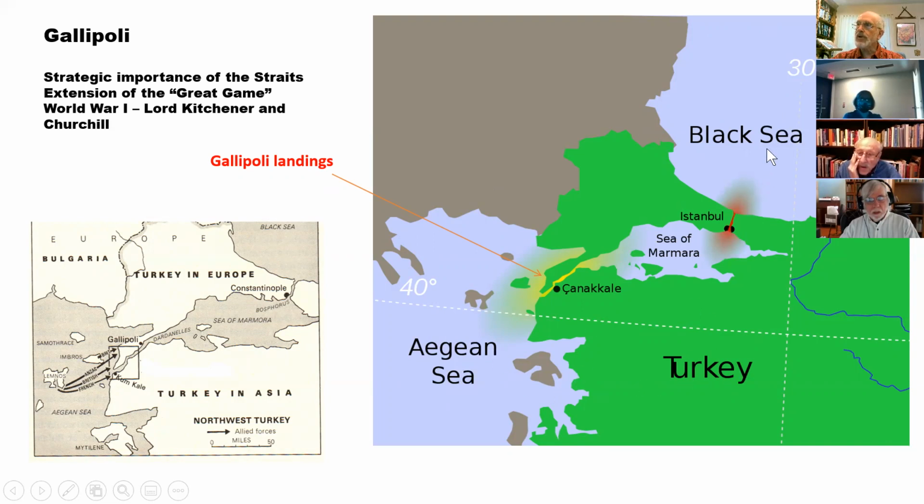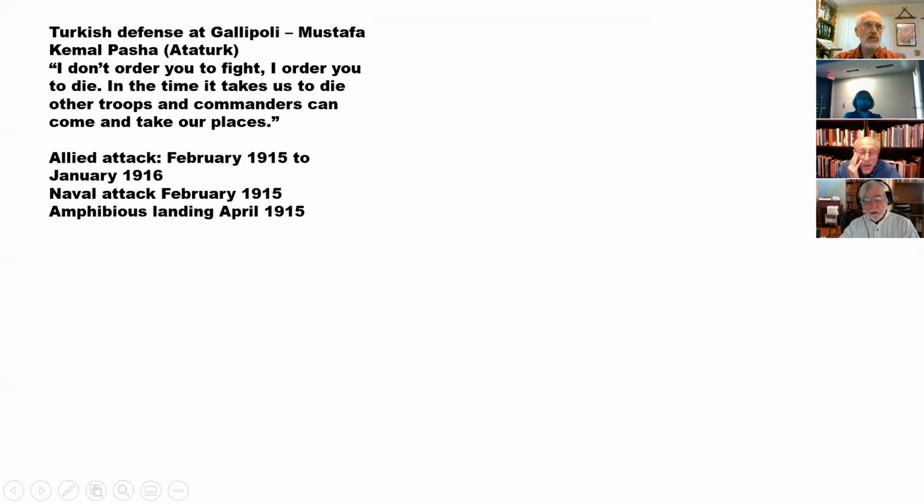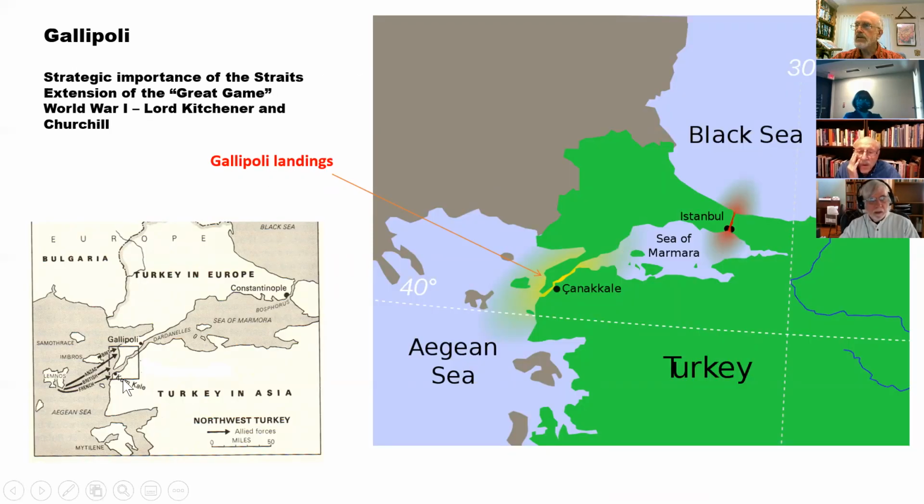If you want to go from Russia to the Mediterranean, you have to go through here, and then down this long strait. And this is the Gallipoli Peninsula. And this is where the mainly British, some French forces attempted to land.